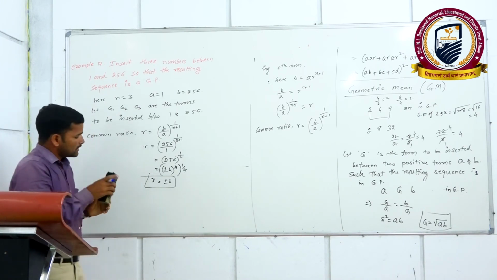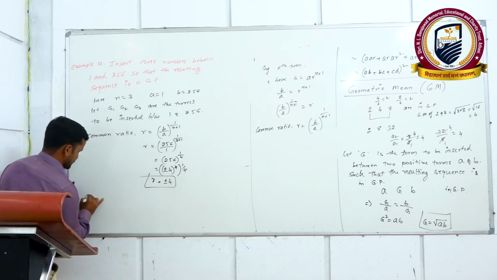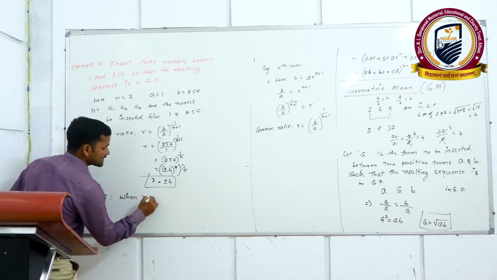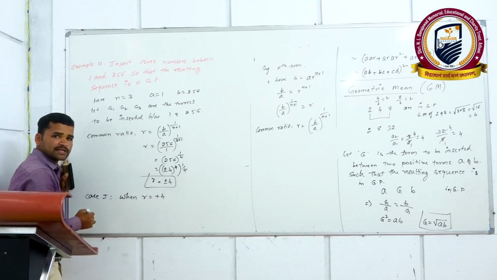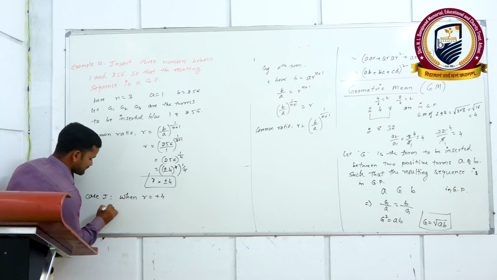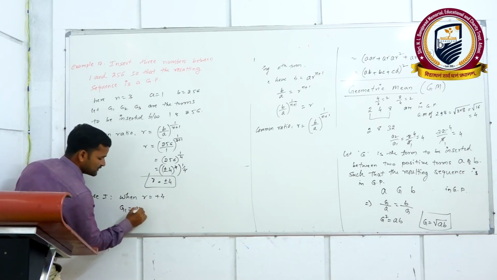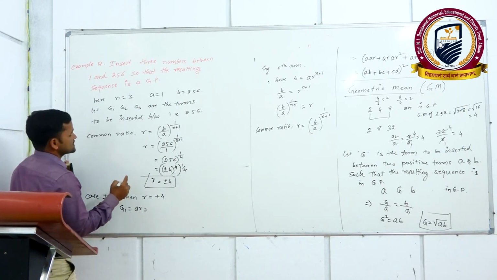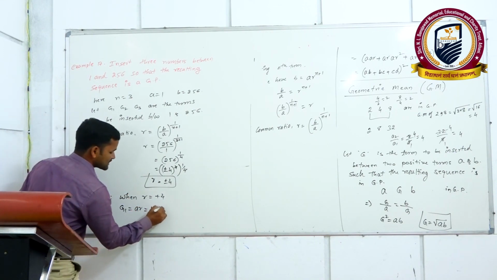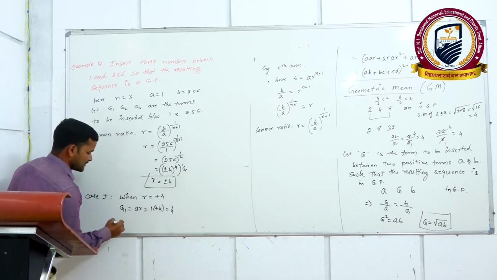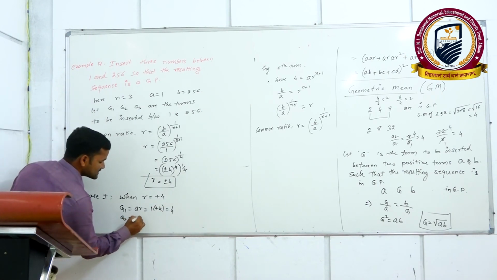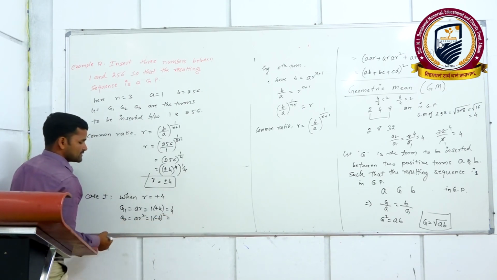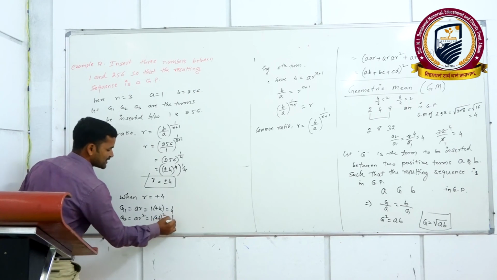Okay. That is case number 1, when r is equal to plus 4. What are the terms here? When r is equal to plus 4, z1 is equal to a into r. What is a? a is 1 into r is plus 4, so z1 is plus 4. And z2 is a into r square, 1 into plus 4 square means 16.